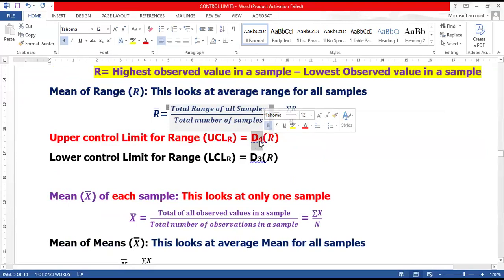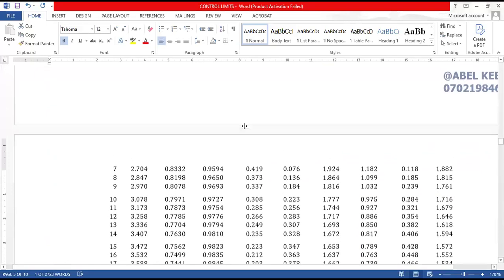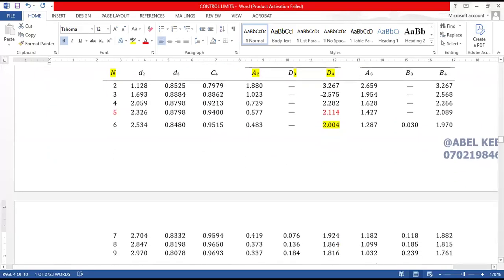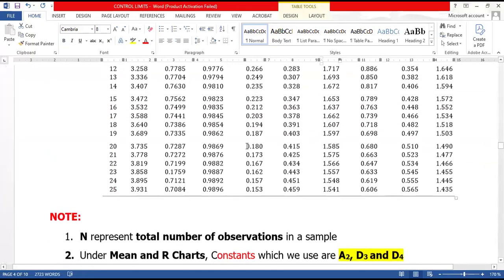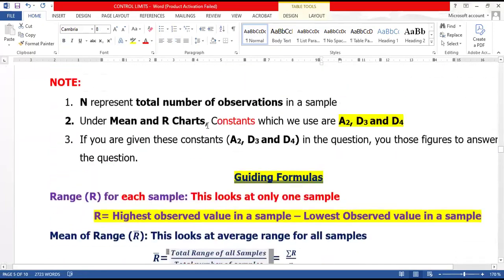An examiner will give you D4, or give you the table so that you can get D4. If your total observations are 5, then D4 will be this one.